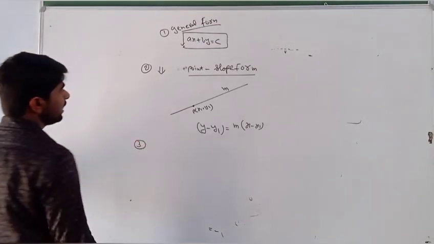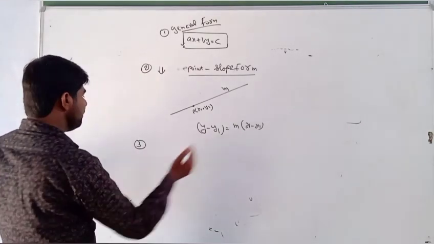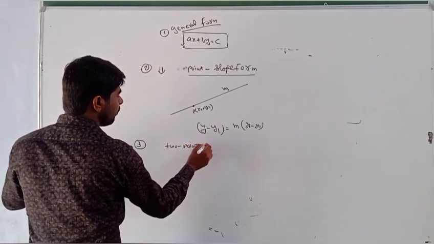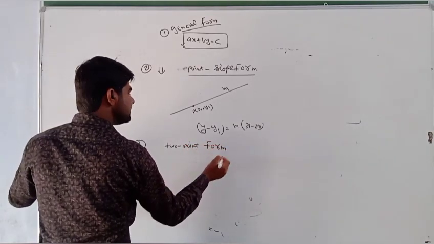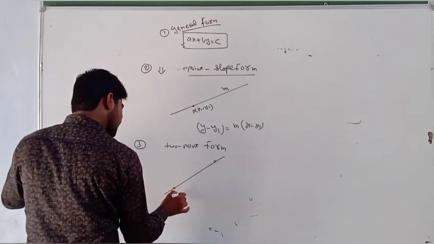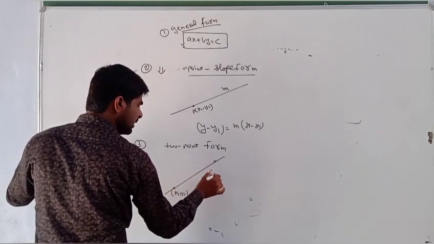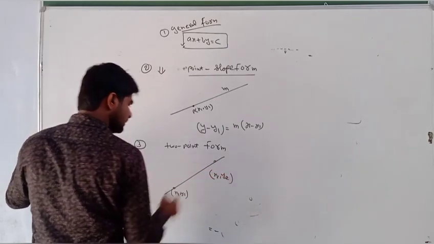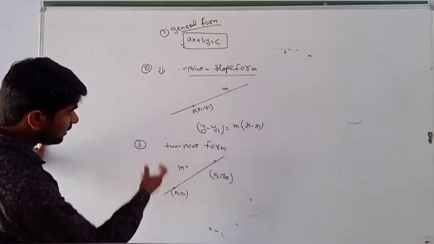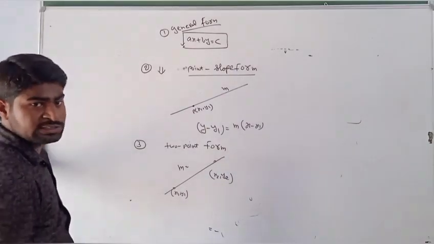Third form is the two-point form. Earlier we discussed m, the slope of the line passing through two points.